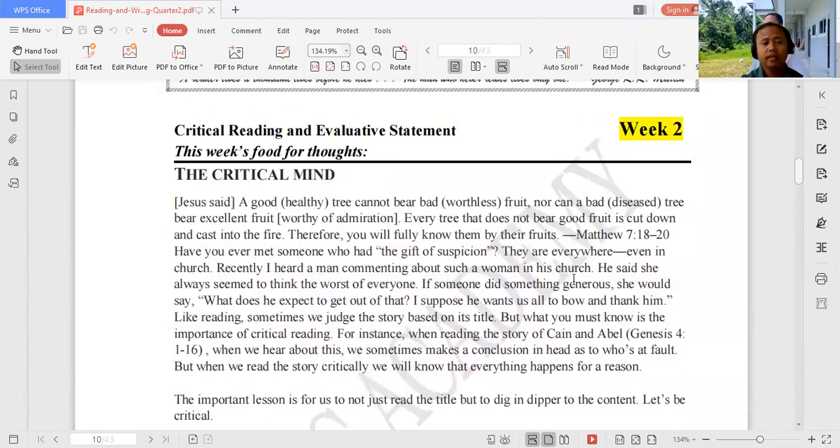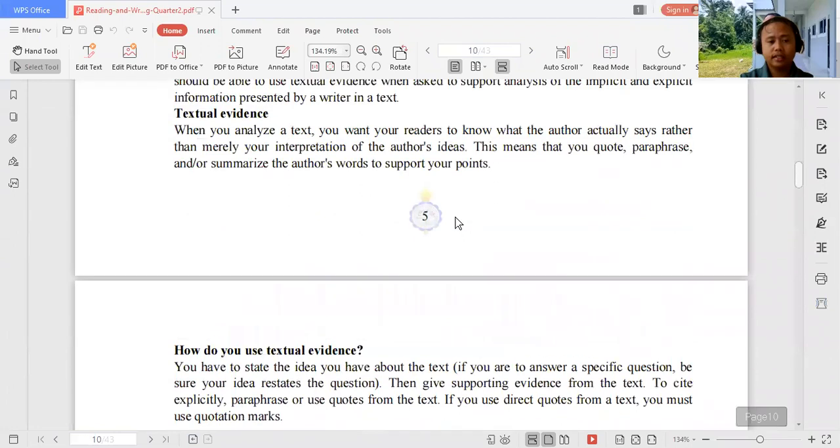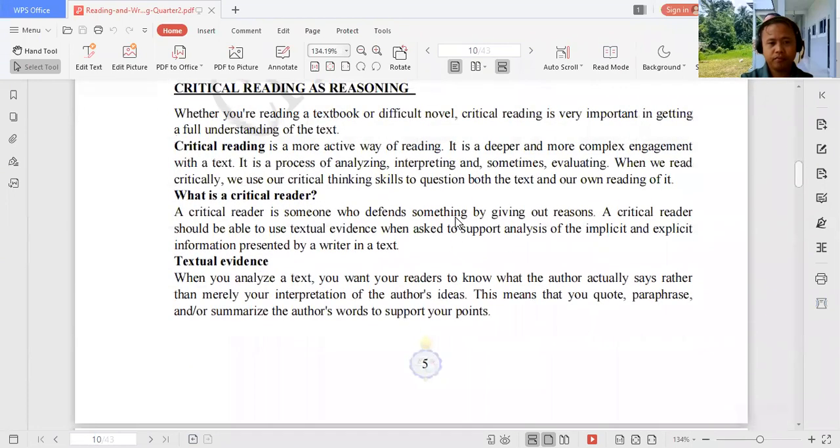All right. Now is critical reading and evaluative statements. Take note. So what is critical reading?